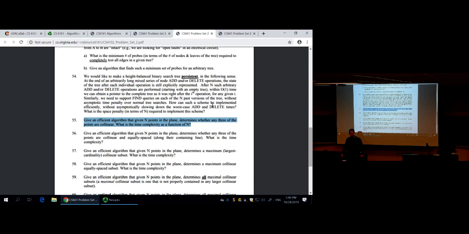Anybody want to explain n squared log n? How would that work for finding a collinear triplet? 3 points that lie in the same line. You have n points given to you. A lot of you said you had a solution, so let's hear one. Yeah.